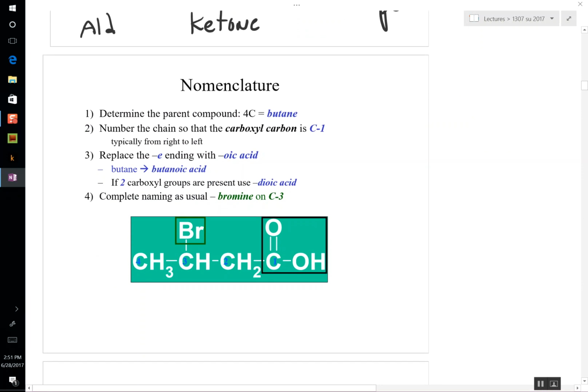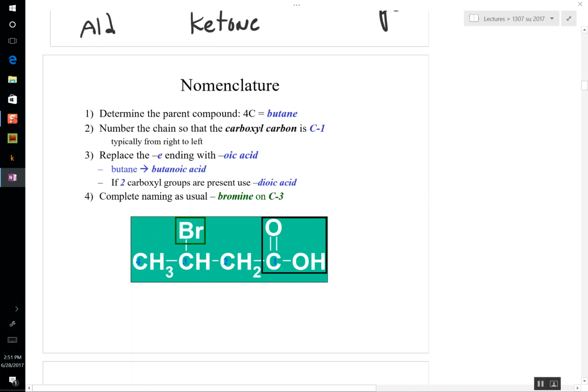Nomenclature. How do we name carboxylic acids? Well, IUPAC rule number 1 is what? Find the longest chain. No matter what class of organic compound you're talking about, find the longest chain that includes that functional group, the carboxyl group.